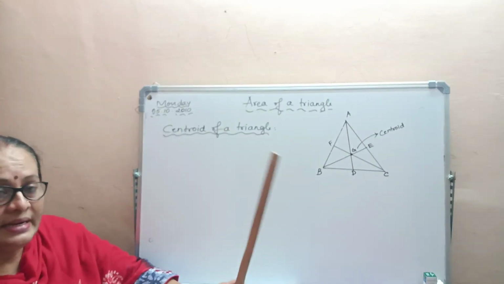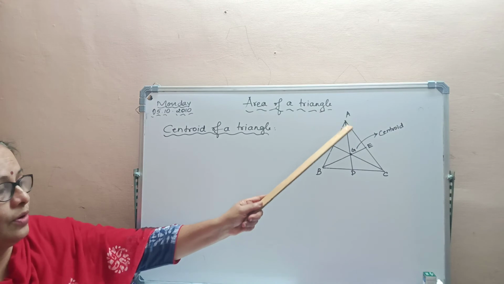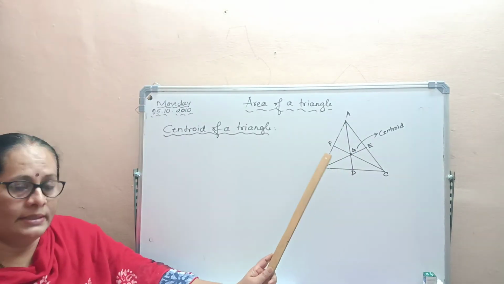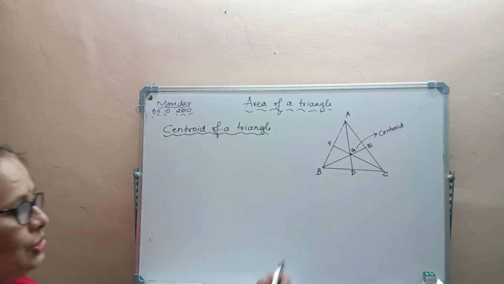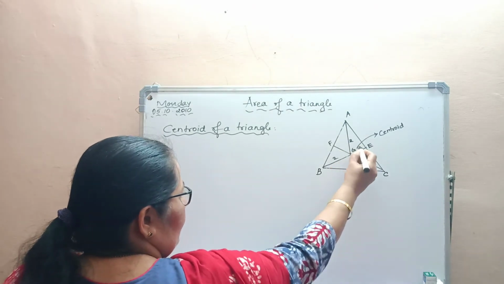Centroid is the intersection of three medians, that is intersection of AD, BE and CF. And this centroid divides the median in the ratio 2:1.